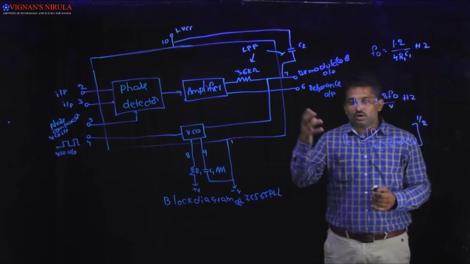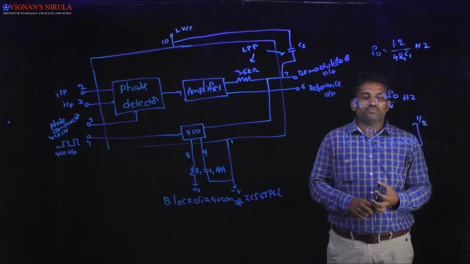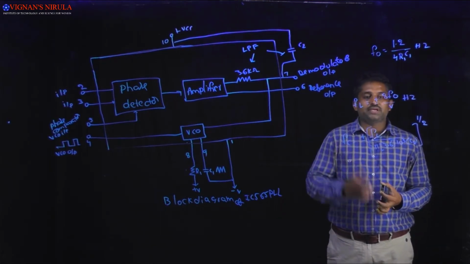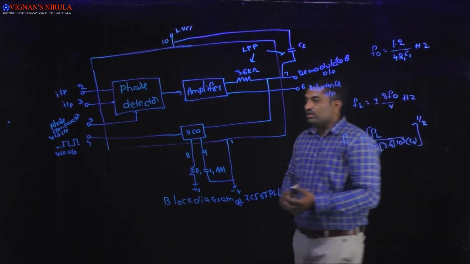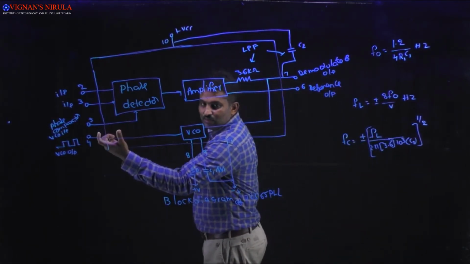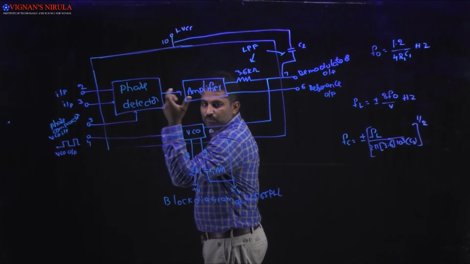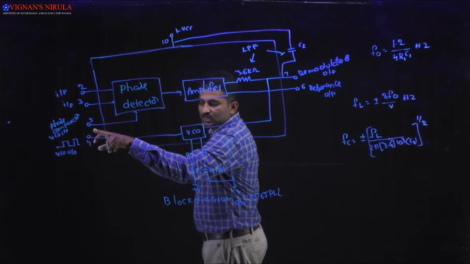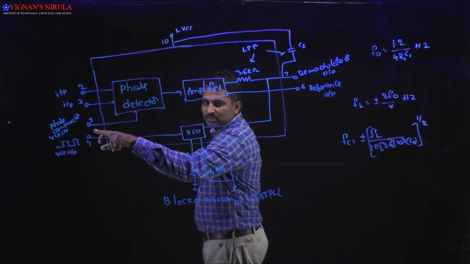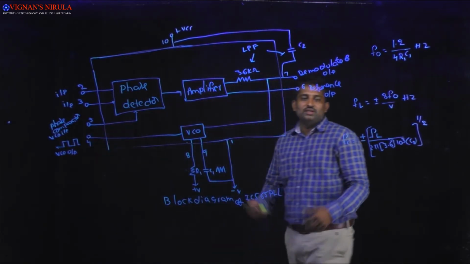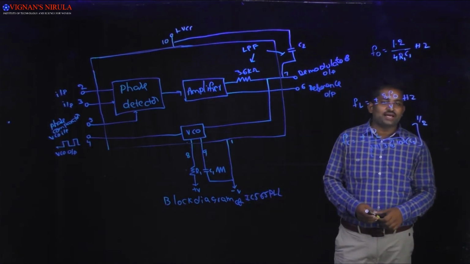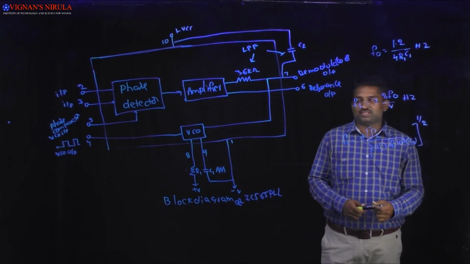And if you want to use PLL in frequency multiplication, then you can use a digital frequency counter or digital frequency divider in the feedback loop. That is, it will be connected in between the pins 5 and 4. Then you can easily calculate the number of frequencies.